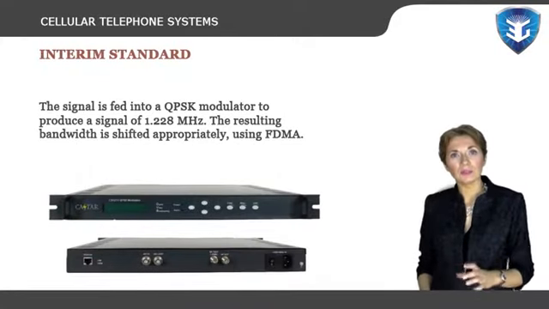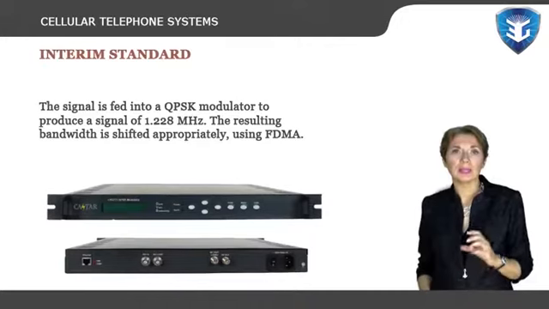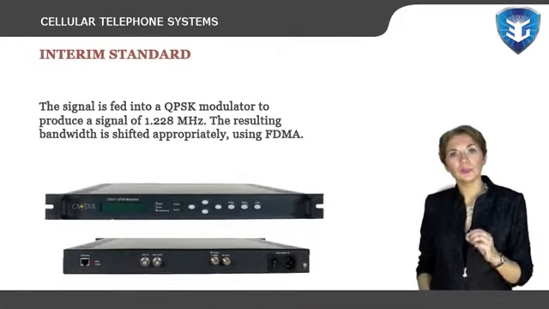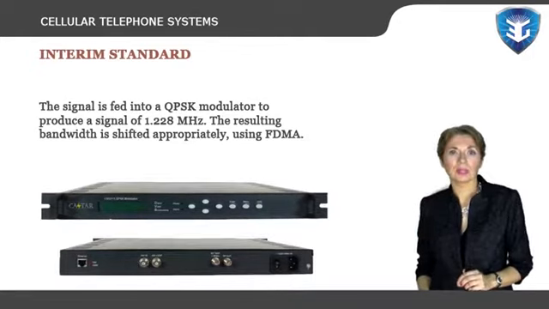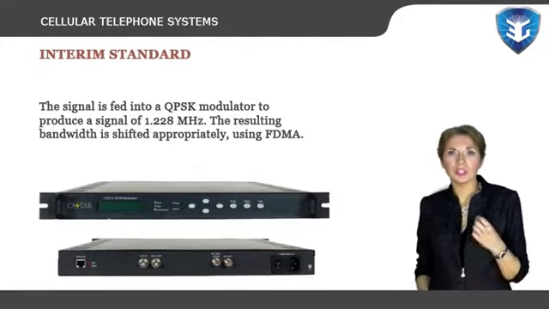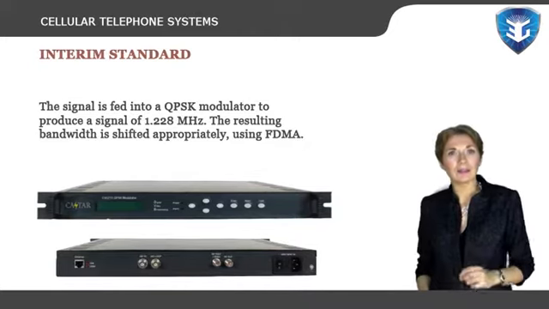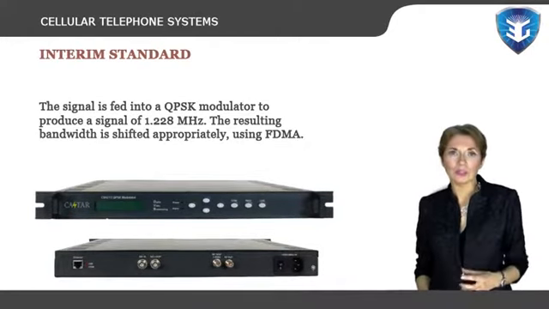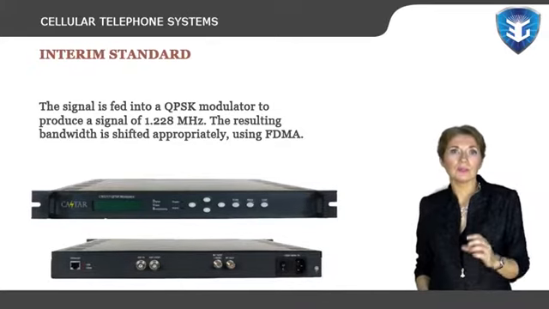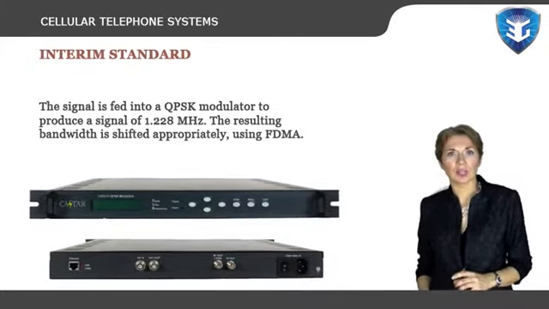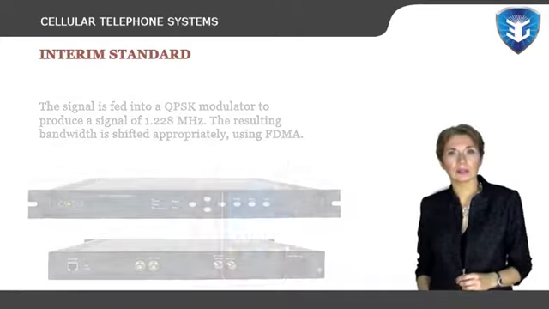The signal is fed into a QPSK modulator to produce a signal of 1.228 MHz. The resulting bandwidth is shifted appropriately using FDMA. An analog channel creates 64 digital channels, of which 55 channels are traffic channels carrying digitized voice.